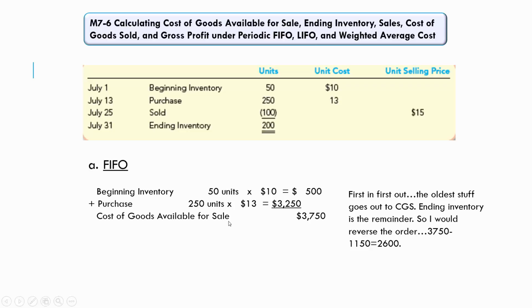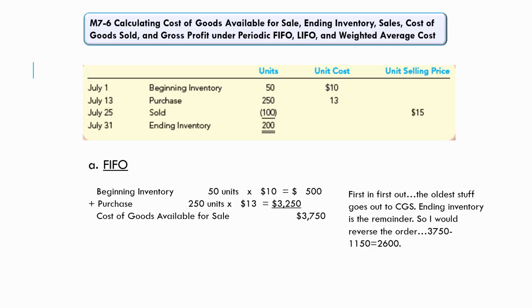Again, the terminology, sometimes they say cost of goods available for sale. I tend to phrase it as goods available. This 3750 is either going to show up in ending inventory or be cost of goods sold. And under the FIFO method then, what we're going to do here is say that the first stuff in is going to be the first stuff out.